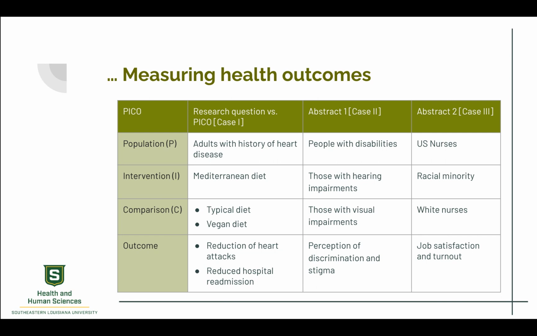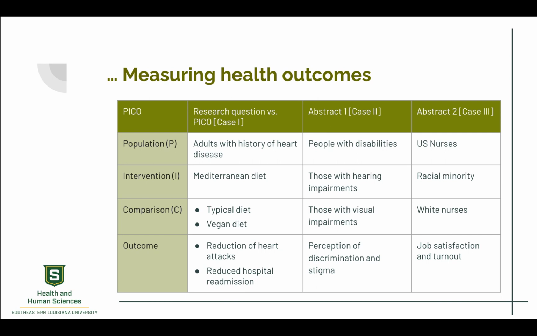And then with case two, in trying to determine whether people with hearing impairment have a different experience of discrimination and stigma from those that are visually impaired, we are measuring their respective perception of stigma and discrimination.